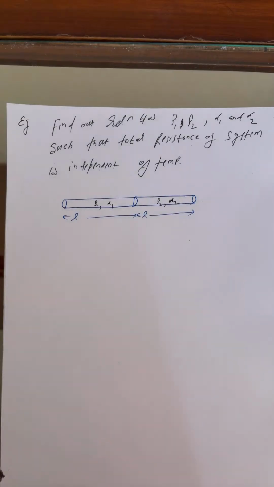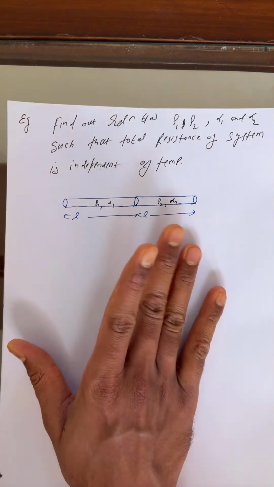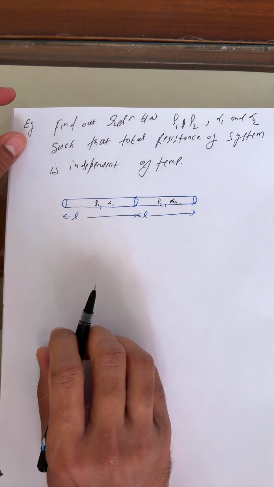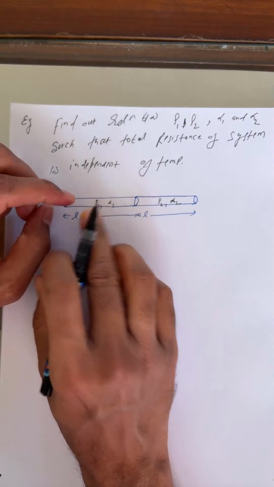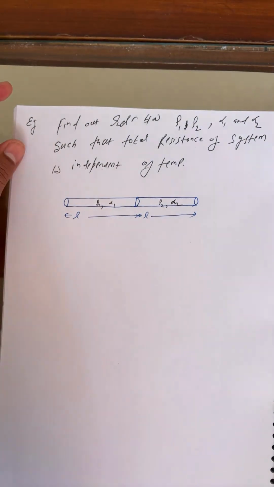The question says the resistance is independent of temperature. The resistance is rho L by A, and both are in series.